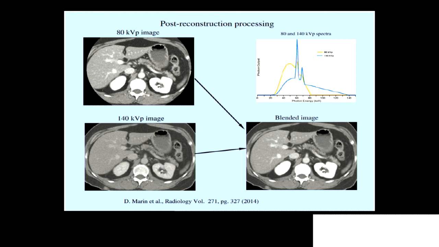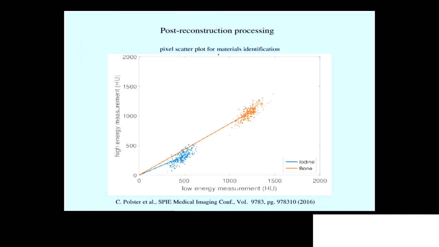So when you're doing contrast agent imaging, sometimes people want to know exactly how much contrast agent is in a region. So you can do a kind of histogram analysis of this kind of image, where you take the pixels of the low energy image on the x-axis and the pixels of the high energy image on the y-axis, and just look at the scatter plot, and then you can actually separate materials this way.